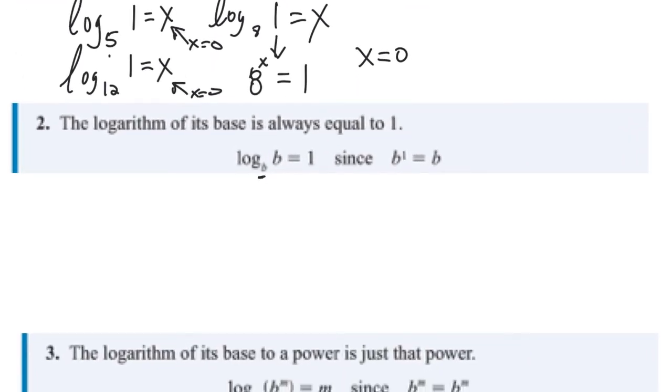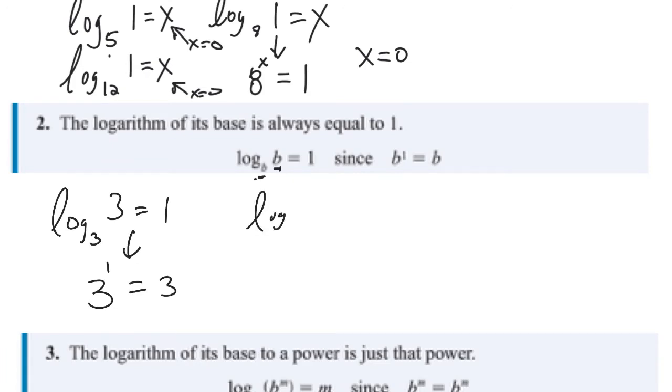Notice that in this example, I have log base b of b. If I have log base 3 of 3, it's going to be equal to 1. Why is that? If I change this to exponential form, 3 raised to the power of 1 is 3.